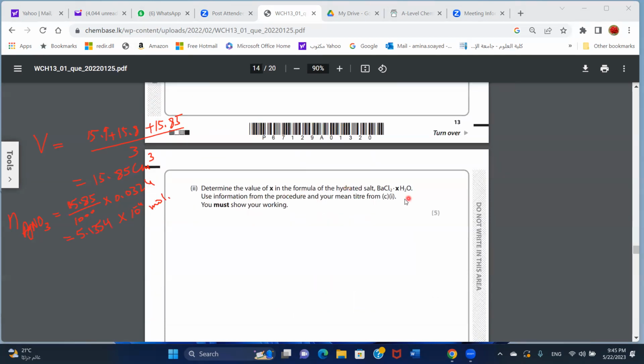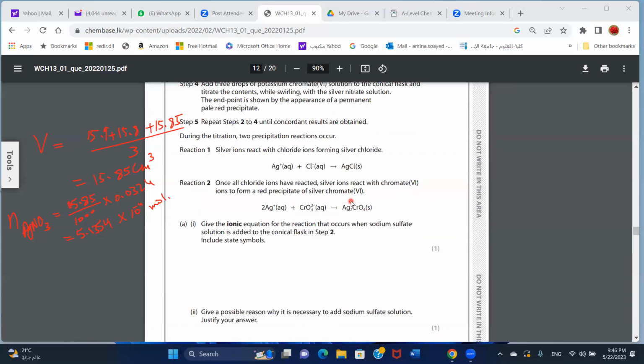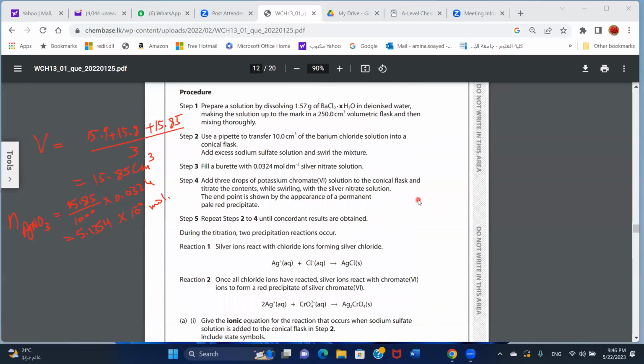And then they want us to determine the value of X in the hydrated barium chloride. So what are we going to do next? So you have to see the equation and see the ratio. Yes, excellent. So which equation shall you choose? Reaction 1 or reaction 2?